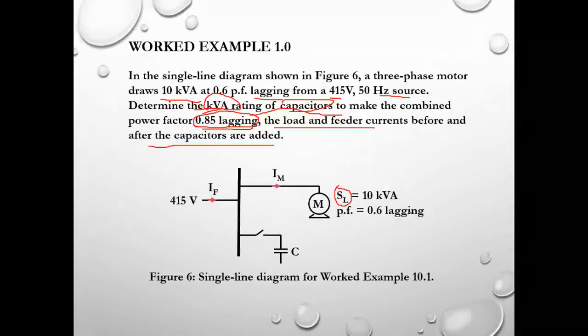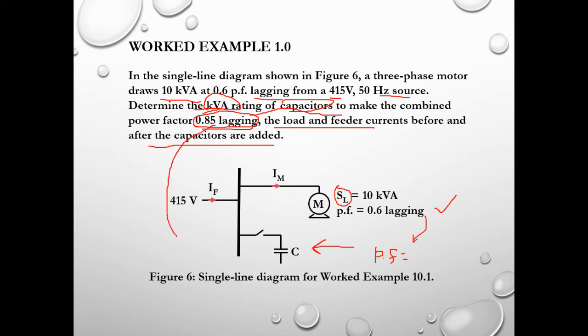Basically it operates at 0.6 lagging power factor. Once we insert a capacitor, this is the symbol of the capacitor, into the bus bar of this system, the power factor is increased. This is how I interpret what the question is asking for. Now the power factor becomes 0.85 lagging. This means we are trying to improve the power factor. The higher the power factor, the better the system.